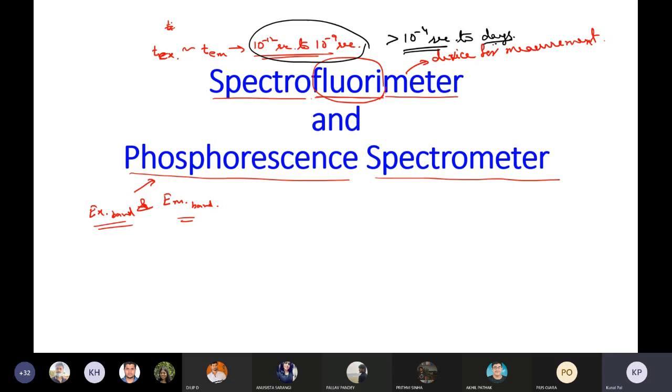So you may excite now, and after several days you may get the phosphorescence. It may so happen. So this is the basic difference between fluorescence and phosphorescence. And any spectrometer which allows us to capture the process of phosphorescence is called a phosphorescence spectrometer.